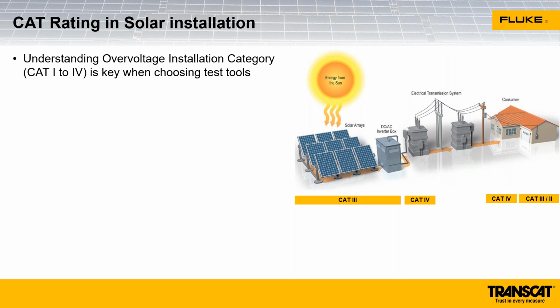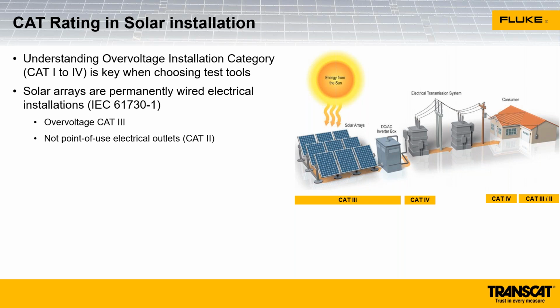Then you move into category 3 environments. Category 3 is what the solar array is considered. So this would be things like our distribution panels, some electrical loads within a building, especially in 3-phase systems, can be considered category 3. And then you move to category 2 environments, which are your branch circuits, your point of use outlets, appliances, things like that.